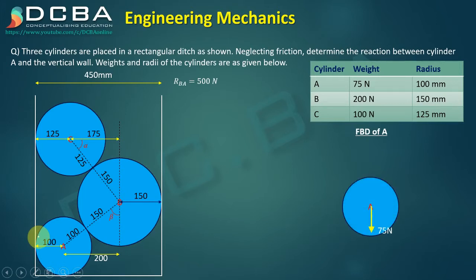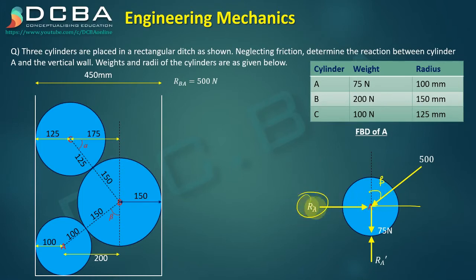So for A, we have 75 newtons acting downwards, then RA is there, RAB is there, and this RA dash, which is the vertical reaction. So again here we have 4 forces, including the reactions. So we cannot apply Lami's theorem here, we have to compulsorily apply the conditions of equilibrium. Now here we know the angle beta.